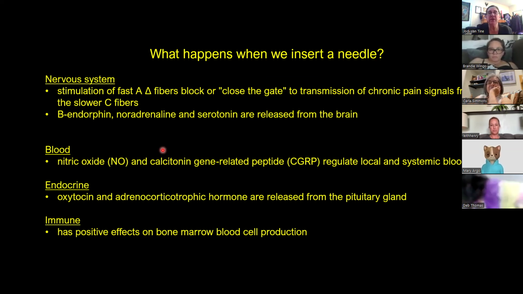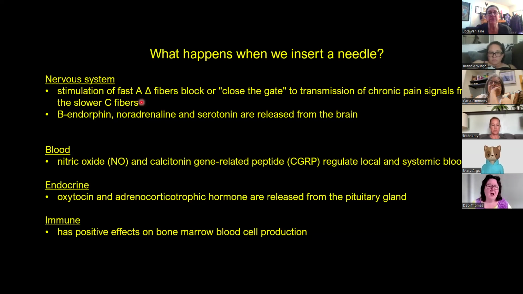So what happens when you have pain and chronic pain is the C fibers, which is one type of nerve fiber, they transmit their impulses slowly. And so over time and over chronic pain, they just continuously fire these slow impulses. But when you put an acupuncture needle in an acupuncture point, it's a sharp pain and the body's like, oh, there's a pain.